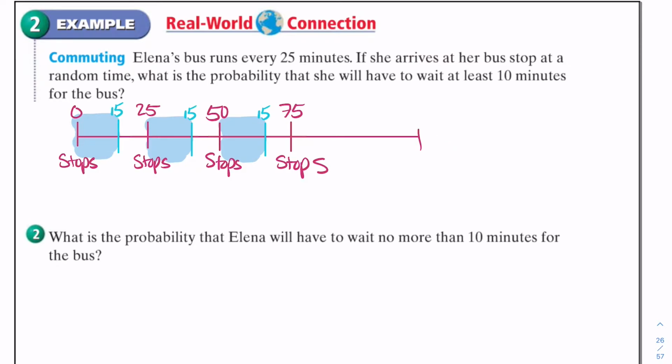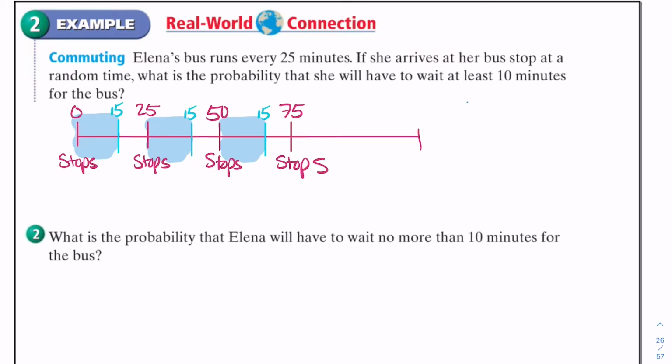But from minute 0, from the time the bus leaves, there's all this time in between that she would wait at least 10 minutes. If she's here at minute 1, she has to wait 24 minutes. If she's at minute 2, she has to wait 23 minutes, and so on. Up until minute 15, she's waiting for 25. So let's not get too particular here about the microseconds in between it leaving and it being 15. Let's just say that the total is 15 minutes in.